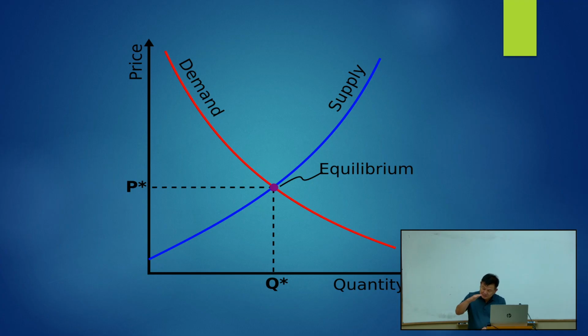Dynamic process means supply going down, going up, or demand going up, going down. The dynamic process is governed by equilibrium outcomes.